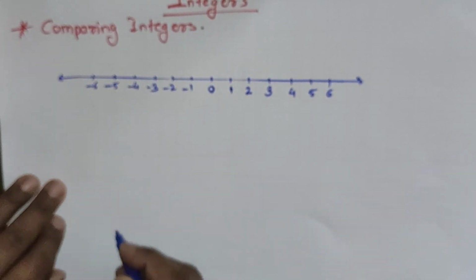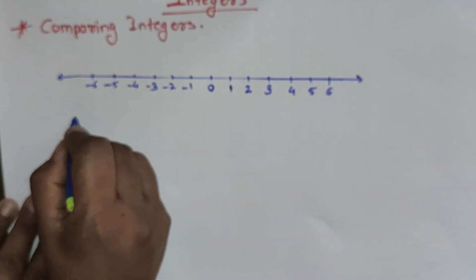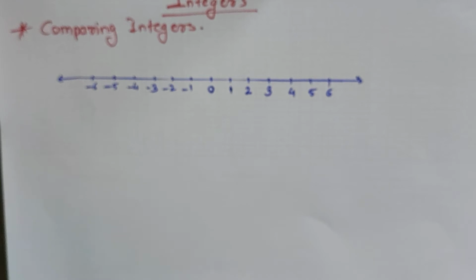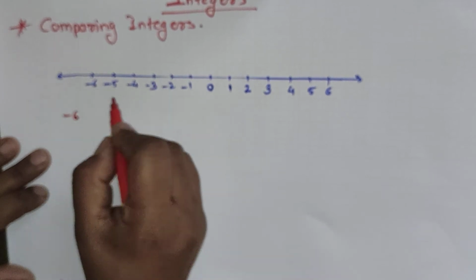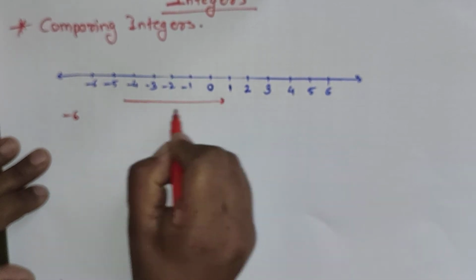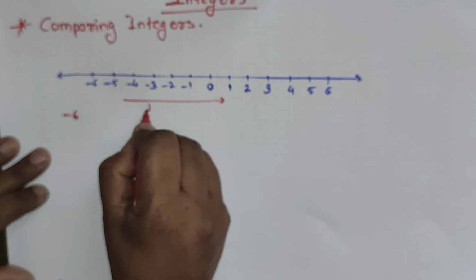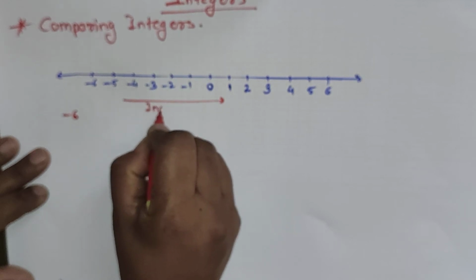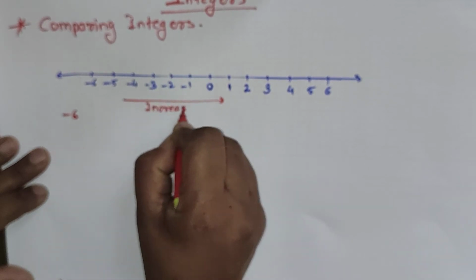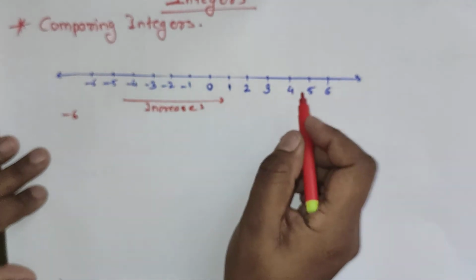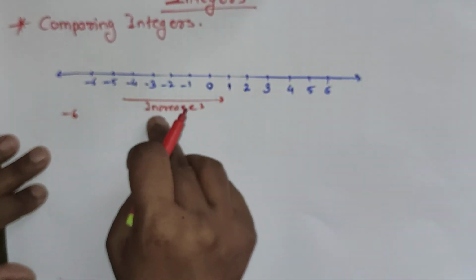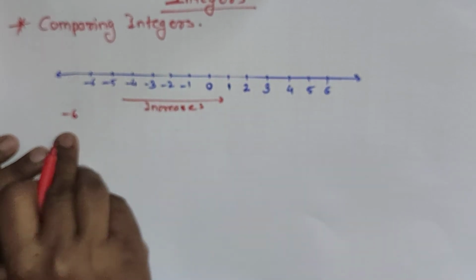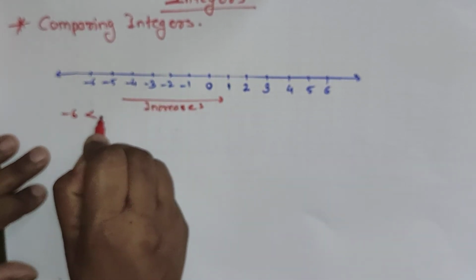So if I write here -6, -6 is smaller. As I told you, as you go from left to right its value increases. So -6 is smaller than -5.